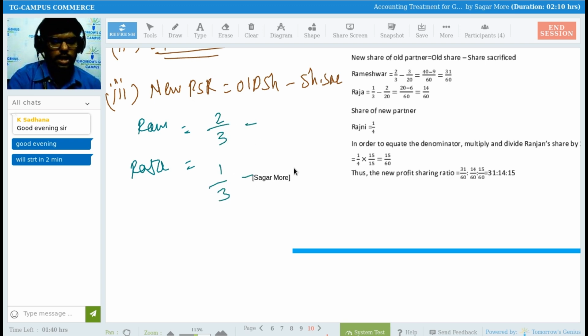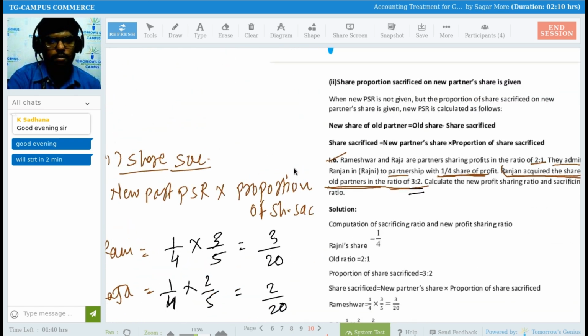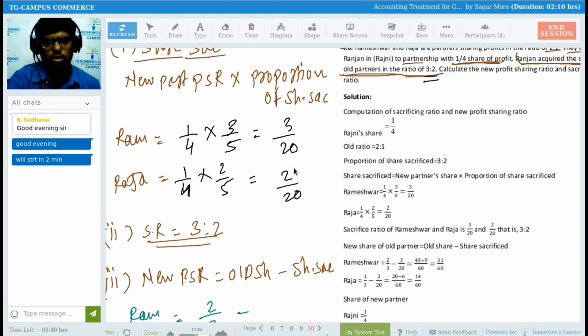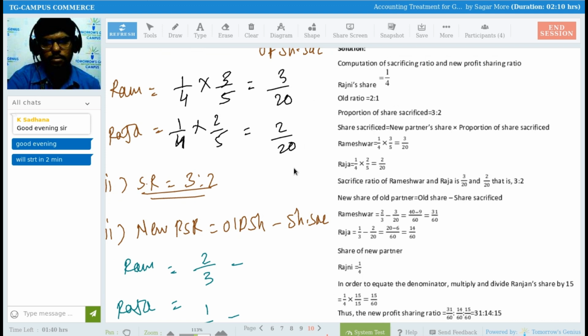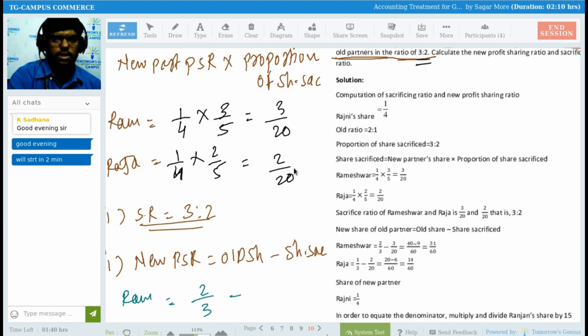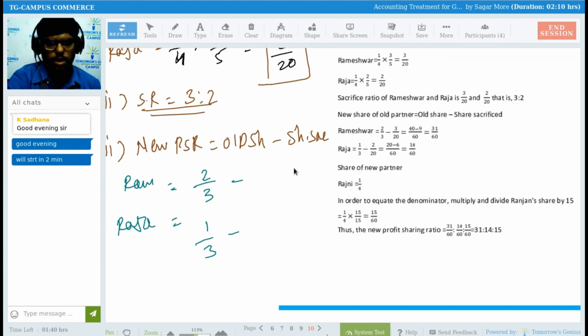Minus share sacrifice. So share sacrifice is how much, 3 by 5, 2 by 5, or 3 by 20 and 2 by 20? Yes, this is share sacrifice, 3 by 20 and 2 by 20. So we have to minus 3 by 20 and 2 by 20.